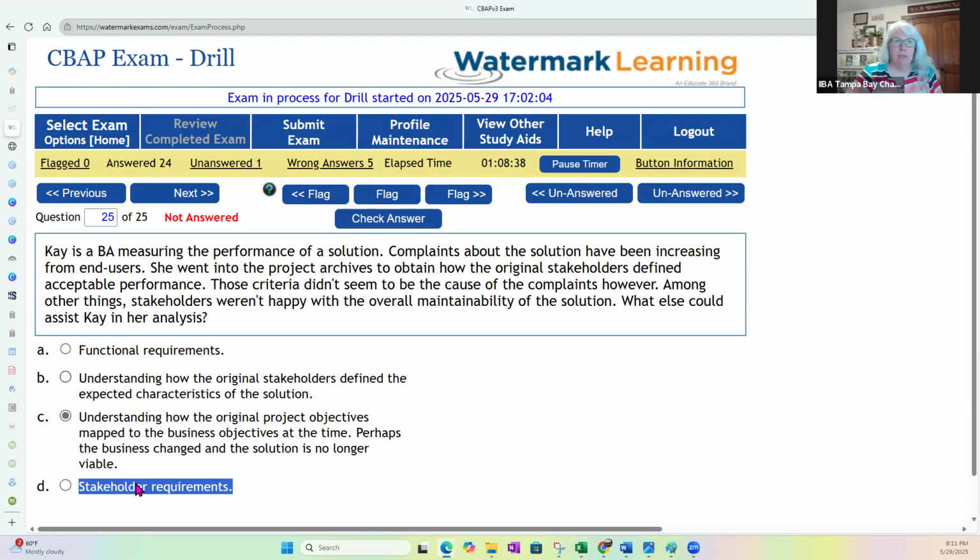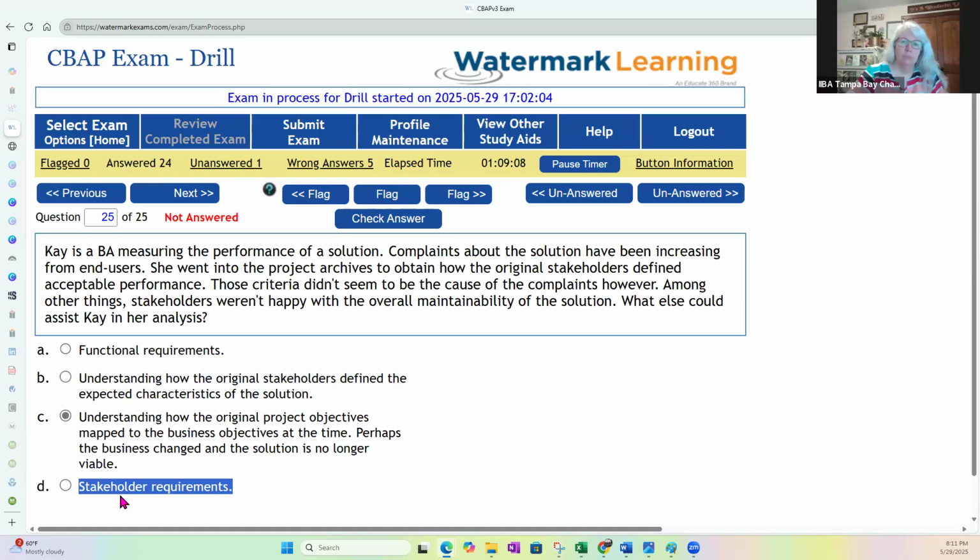How is B different than D? It kind of is not, and also maintainability may be something they didn't think about ahead of time. It's something they only realized after the fact. I mean, it's always a thing with any system.